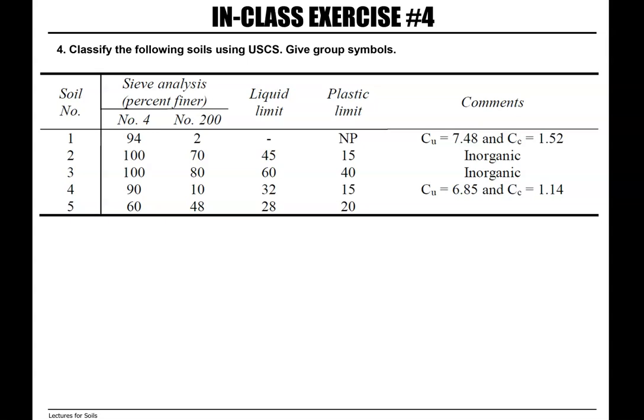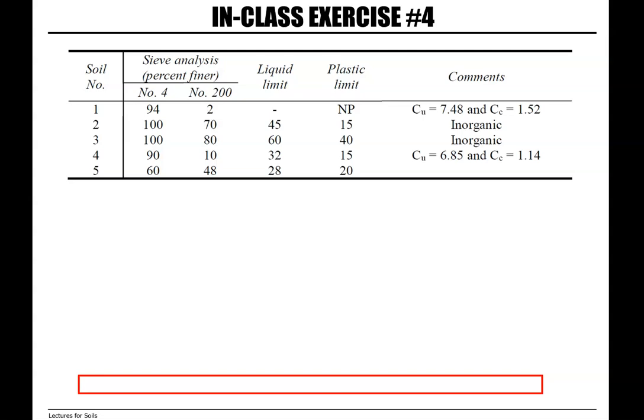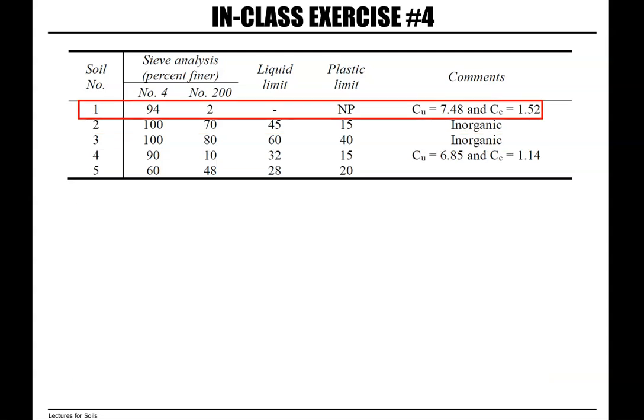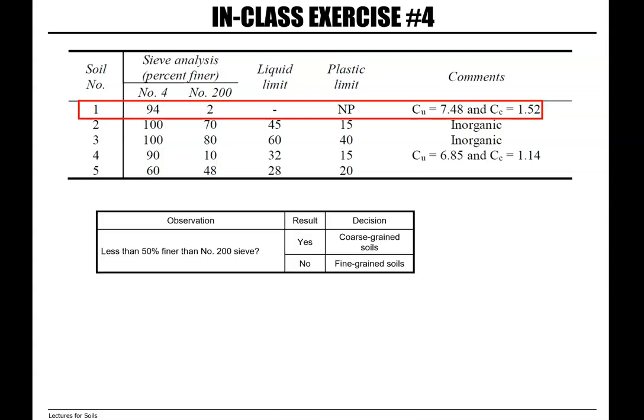Let's go over more examples. We're going to go over the classification for soil number 1, 2, 3, and 4. Let's start with soil number 1. For step 1, we have to look at the percent passing from sieve number 200.